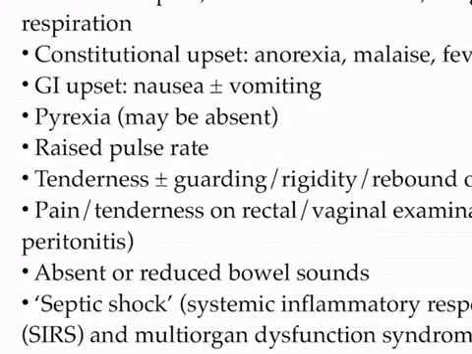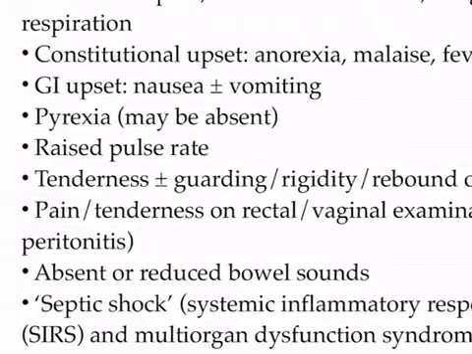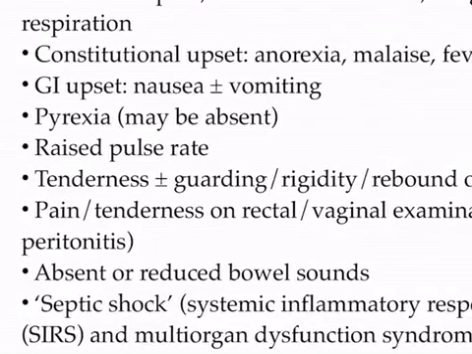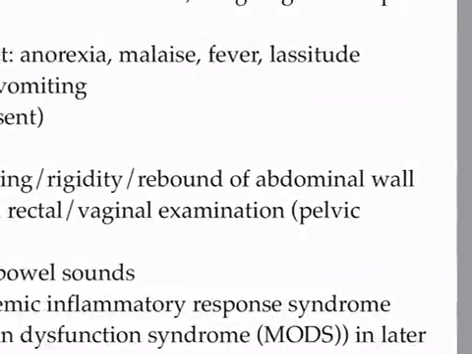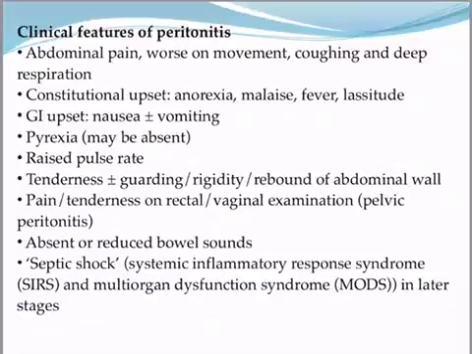Pain and tenderness on rectal or vaginal examination in cases of pelvic peritonitis, absent or reduced bowel sounds, and signs and symptoms of shock, which is the inflammatory response syndrome to gram-negative septicemia with subsequent multi-organ dysfunction syndrome, and in later stages there will be a risk of death.